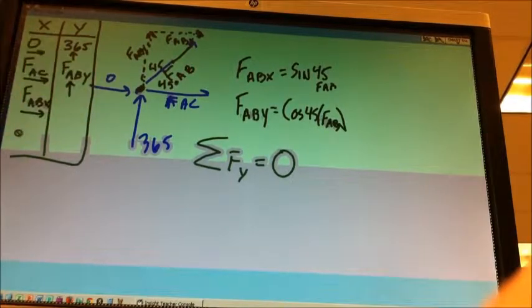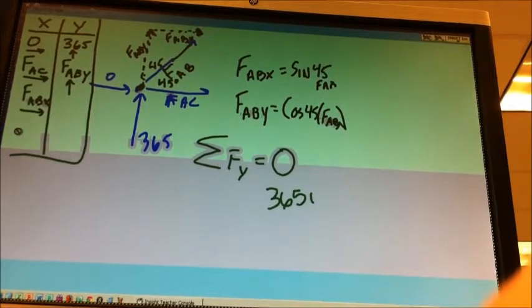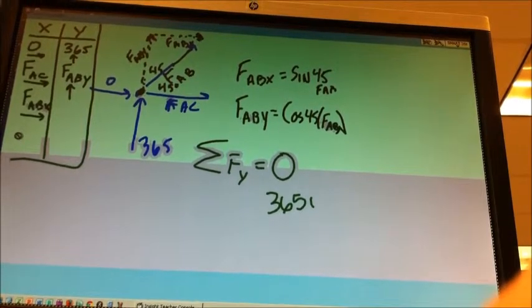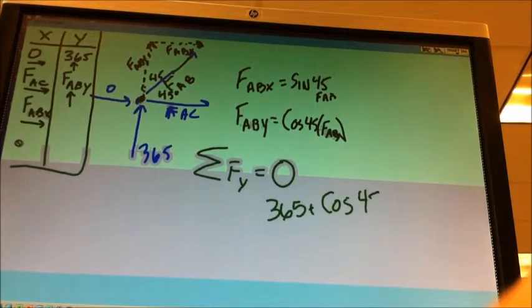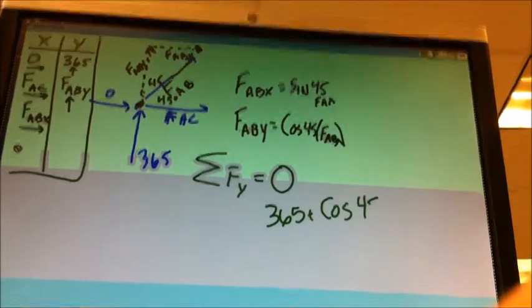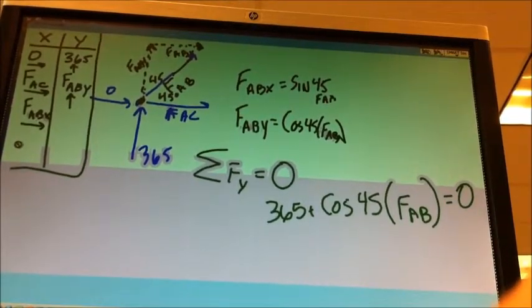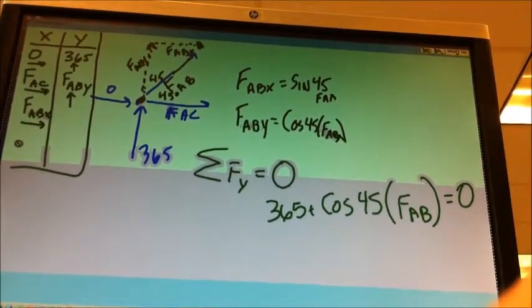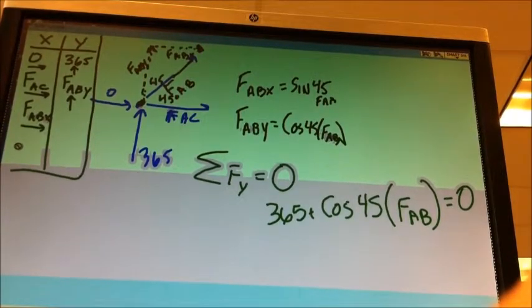In this case, take a look. We've got 365 plus FABY, which we calculated is cosine of 45 times FAB, equals 0. Divide it: negative 365 divided by cosine of 45.